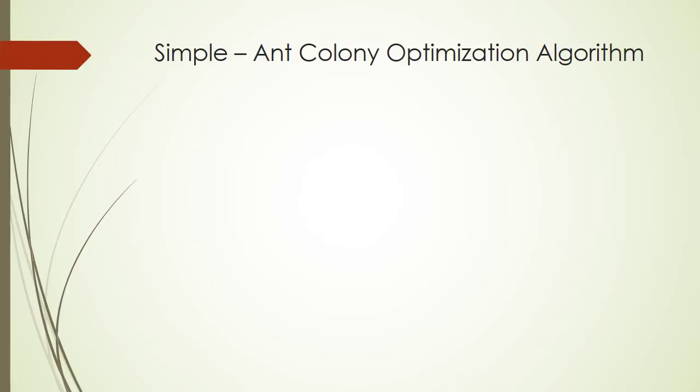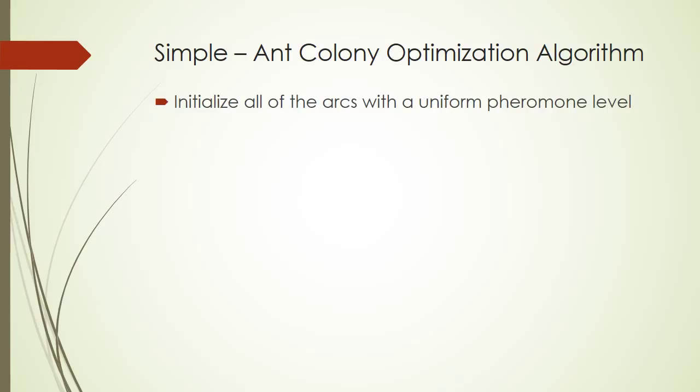So as a summary for this section, let's step through a simple ant colony optimization algorithm. The first step will be to initialize all of the arcs with a uniform pheromone level. Next, ants will be randomly placed across the grid.